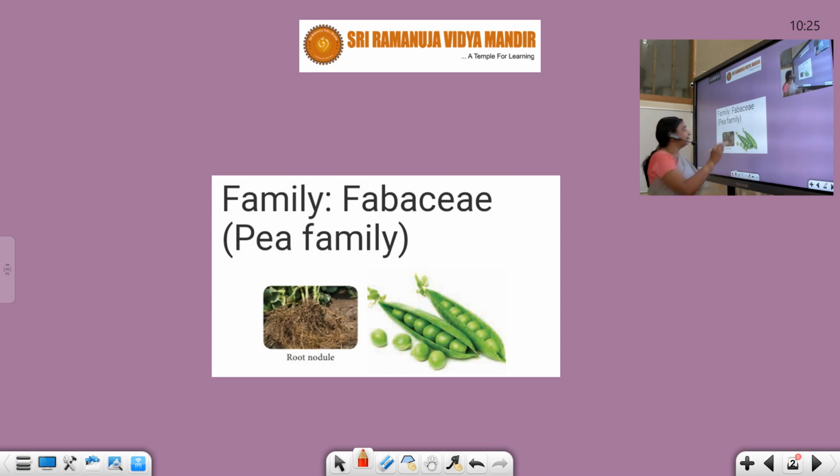The Fabaceae or Papilionaceae is actually a subfamily of Leguminosae. The family is Leguminosae and it includes Caesalpiniaceae, Mimosaceae, and Fabaceae. So actually the Fabaceae is a subfamily of Leguminosae.